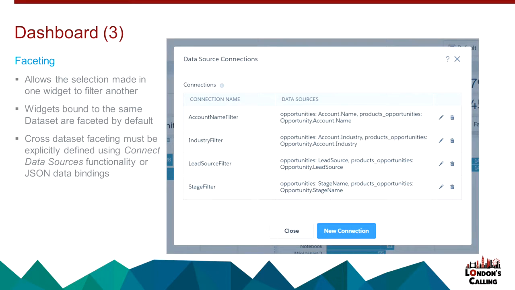This will show you a pop-up, and essentially what you're doing here is explaining how to connect each of your widgets together. So for instance, for my account name filter, I'm saying the account name from opportunity is joined to the equivalent field on opportunity product. And by doing this, when I change any one of them, they'll automatically update each of those charts.